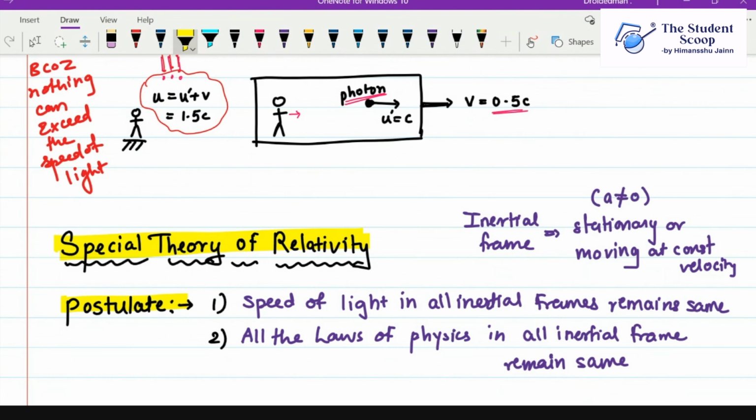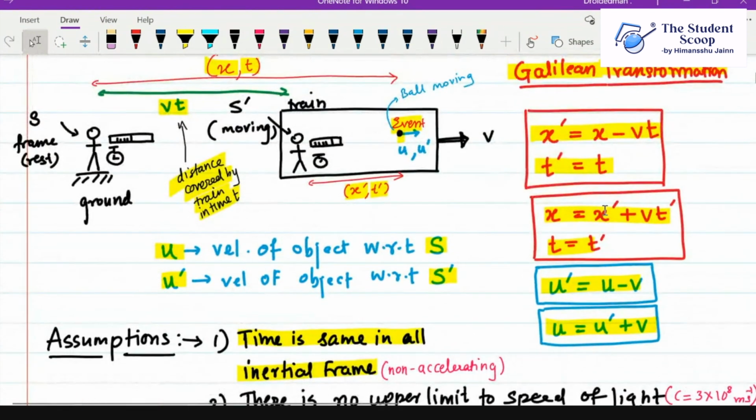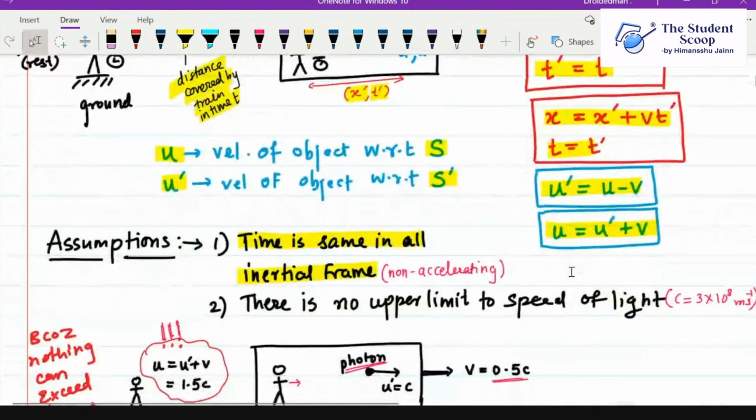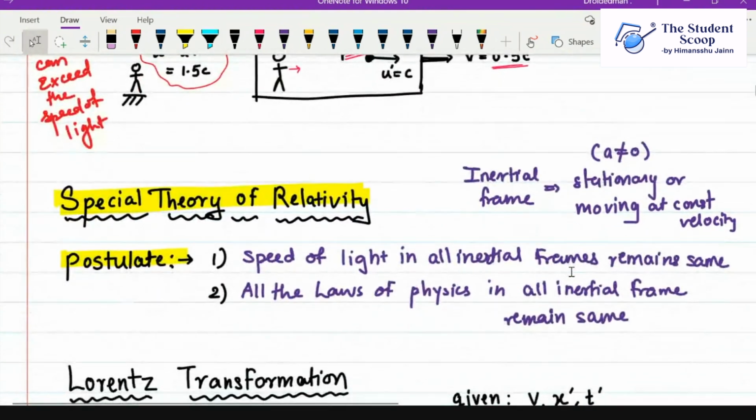Okay. The second postulate is that all the laws of physics in all inertial frames remain the same. Okay. So these are the two important postulates, and based on this, we developed the maths of relativity, where we can transform these Galilean transformation equations into something that we call Lorentz transformation.